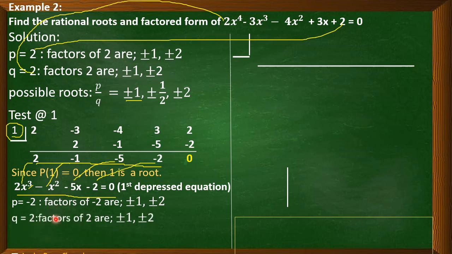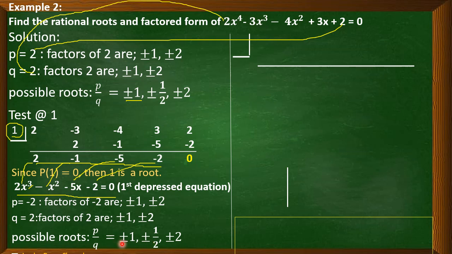Next, our q is 2, the leading coefficient. And of course, the factors of 2 are plus minus 1 and plus minus 2. Almost the same with the first factors. So therefore, possible roots are plus minus 1, plus minus 1/2, and plus minus 2. Same with this.